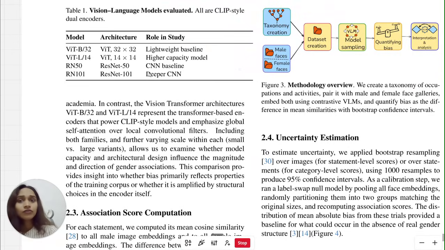The reason for choosing these models is that they are common CLIP-style encoders and they represent different architectural families. Transformers rely on attention mechanisms and capture global relationships, while convolutional networks capture more local information. Using both gives us a broad understanding of how bias behaves across different architectures.